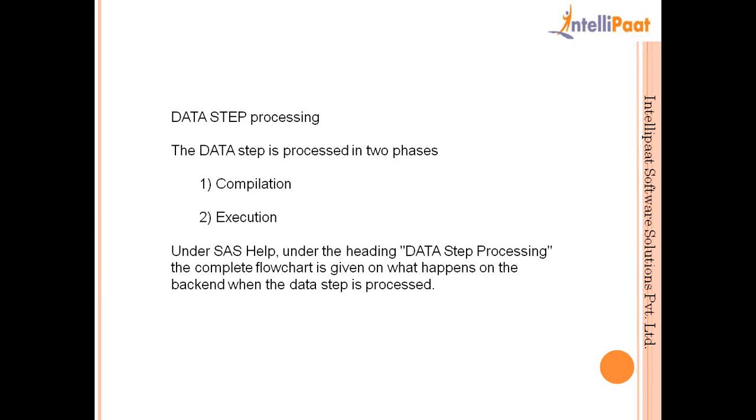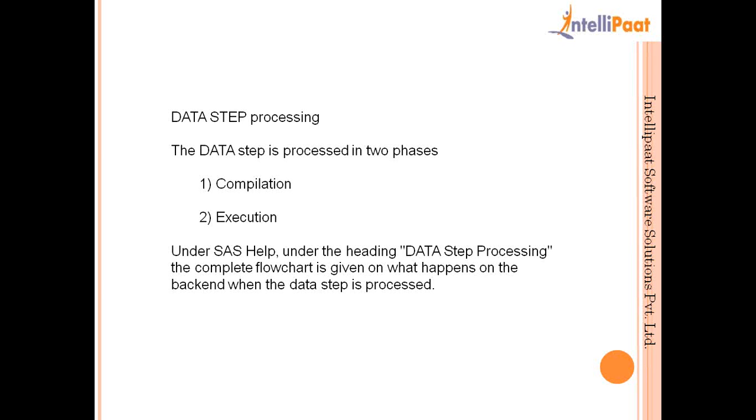If there is any syntactical error, it will get caught in the compilation phase only, and that shows that the program you have written is not correct, not written in a correct order.